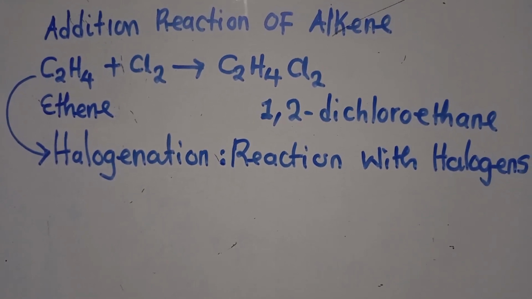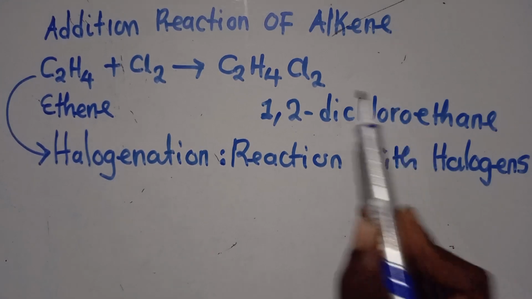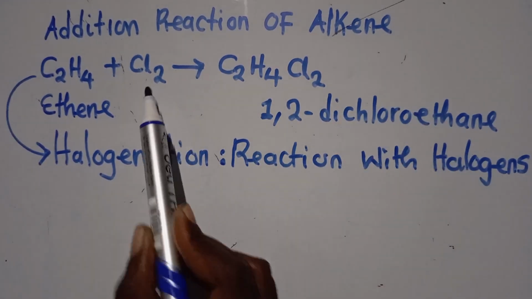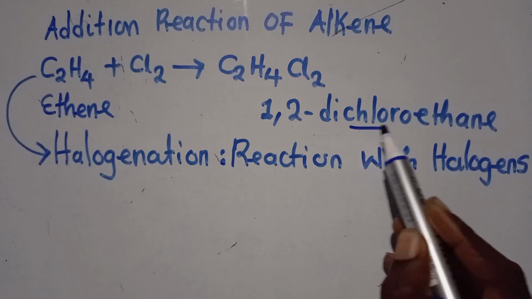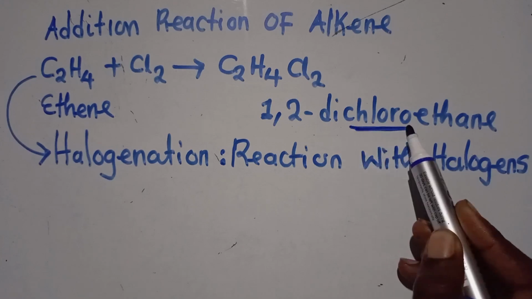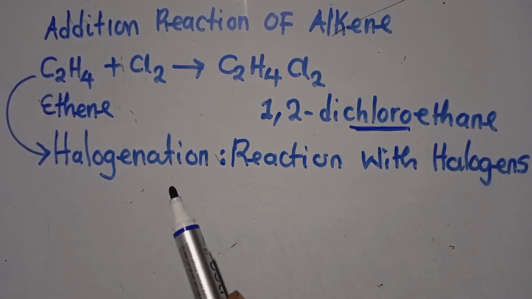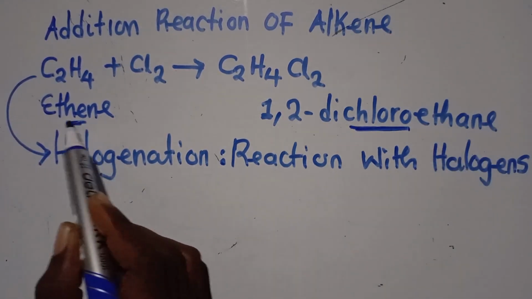So when an alkene reacts with any group 7 element, the compounds which are formed will be named in this nature. If there is chlorine, that's the reason why there is chloro here. This is to tell you that there is chlorine. And ethane here, for this to be formed, this is to tell you that you were using what? Ethene.